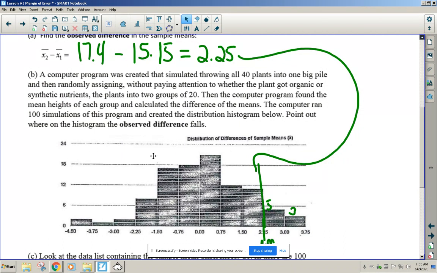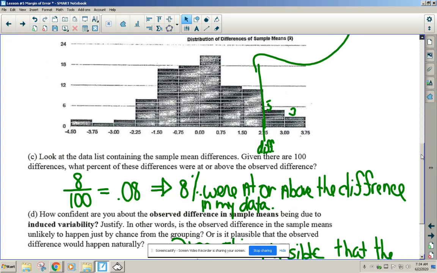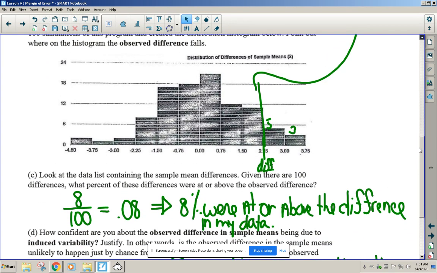This would be a computer-generated experiment, and this would be the actual experiment. So our actual number fell here, where the computer generated all of this. If we look at where we landed, look at the data list containing the sample mean differences.